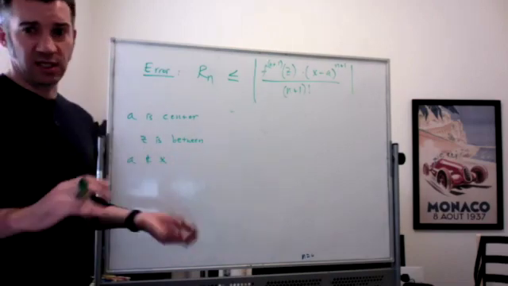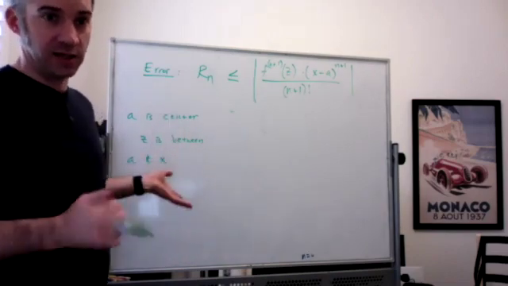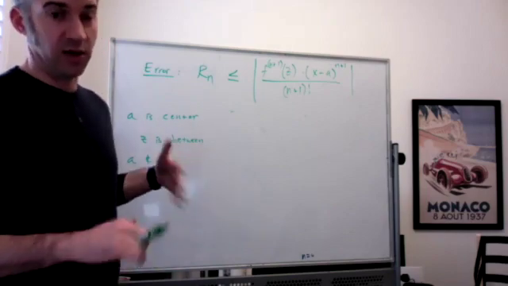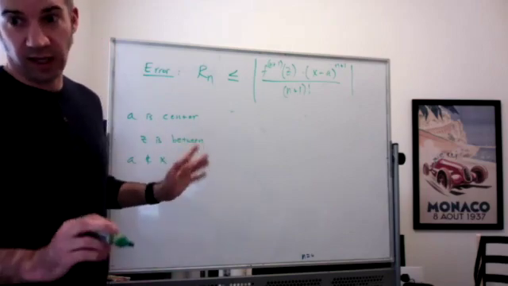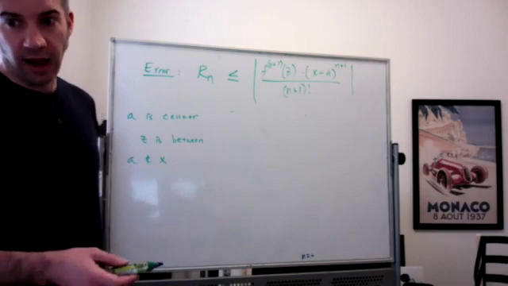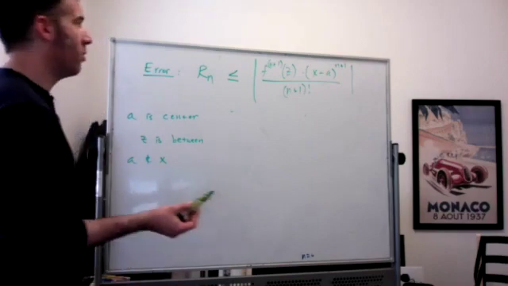The reason we say between is that sometimes x is larger than a, sometimes x is smaller than a, depending on where you're evaluating. So we just say z is between x and a.